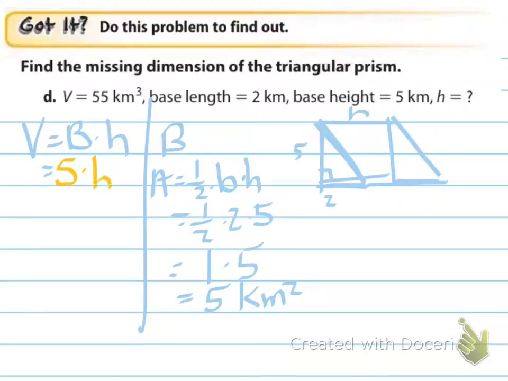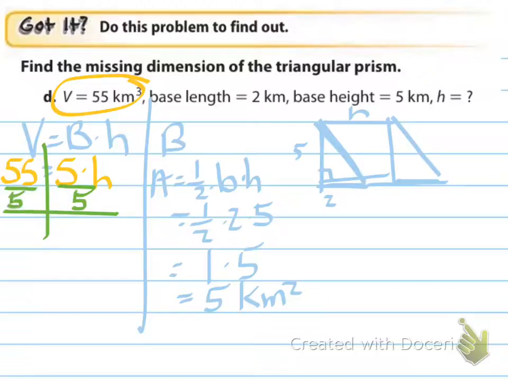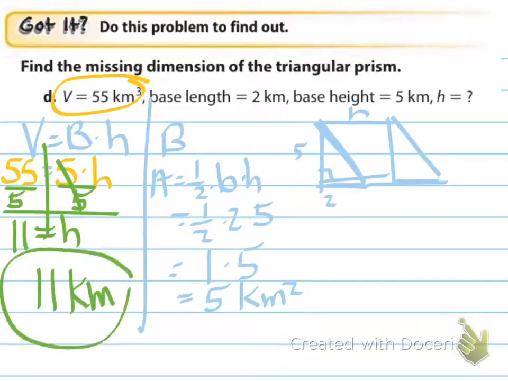We don't know the height. That's the one thing that was missing. And they did tell us that the volume was 55. Now we're just going to do our t-chart. Divide by 5 here, divide by 5 here. We get h equals 11, and it's 11 kilometers is the final answer.